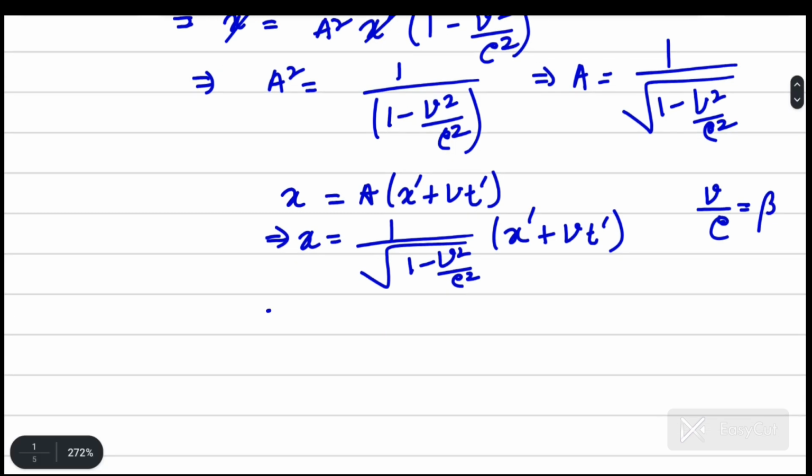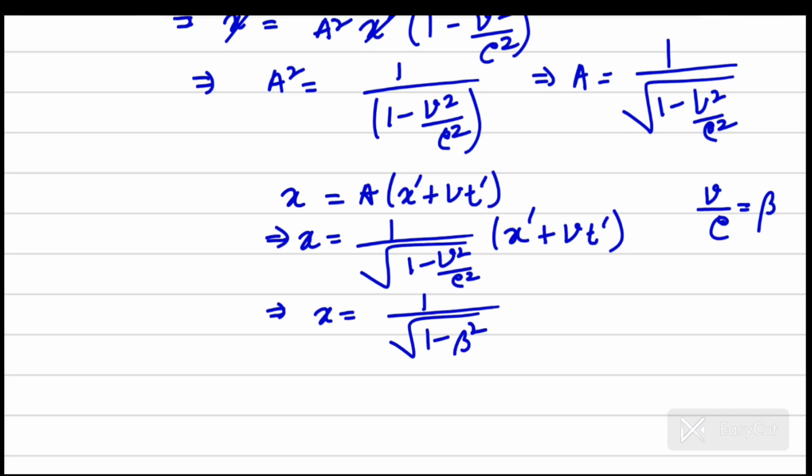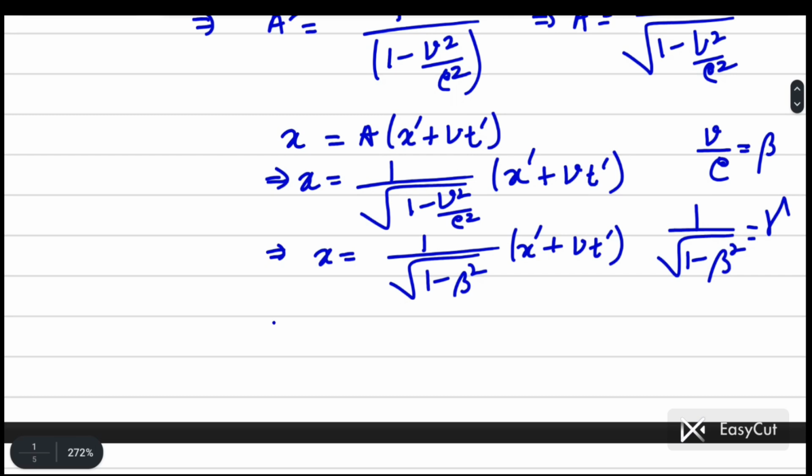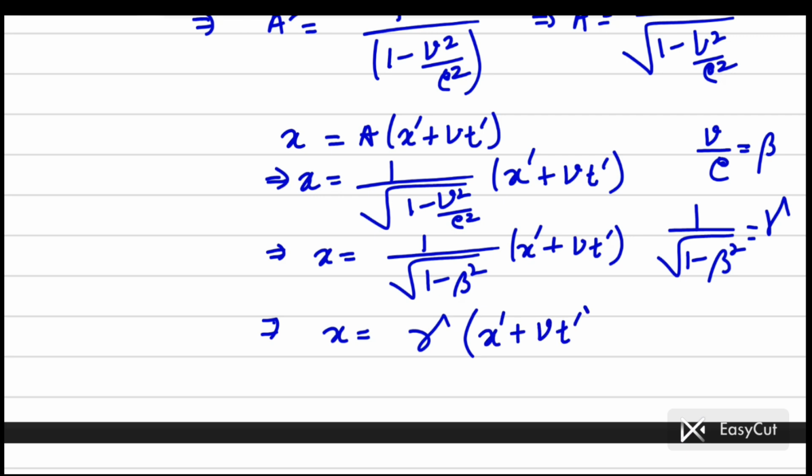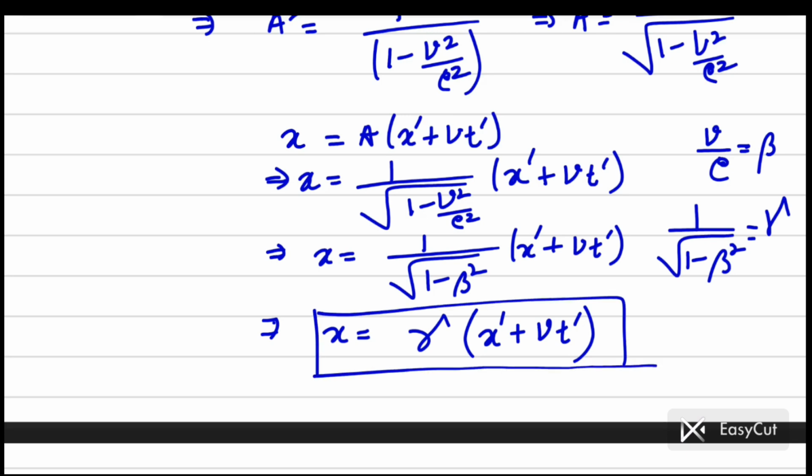So you can write x is just 1 upon under root 1 minus beta square times x prime plus vt prime, and further 1 upon under root 1 minus beta square is symbolized as gamma. So the final equation is gamma times x prime plus vt prime. So this is the Lorentz transformation, which transforms the coordinates of the S prime reference frame to the S reference frame.